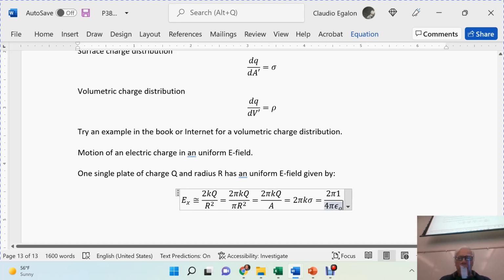That's another way of writing the same equation. That's the way that you're usually going to see out there, in terms of epsilon naught, not in terms of the k.